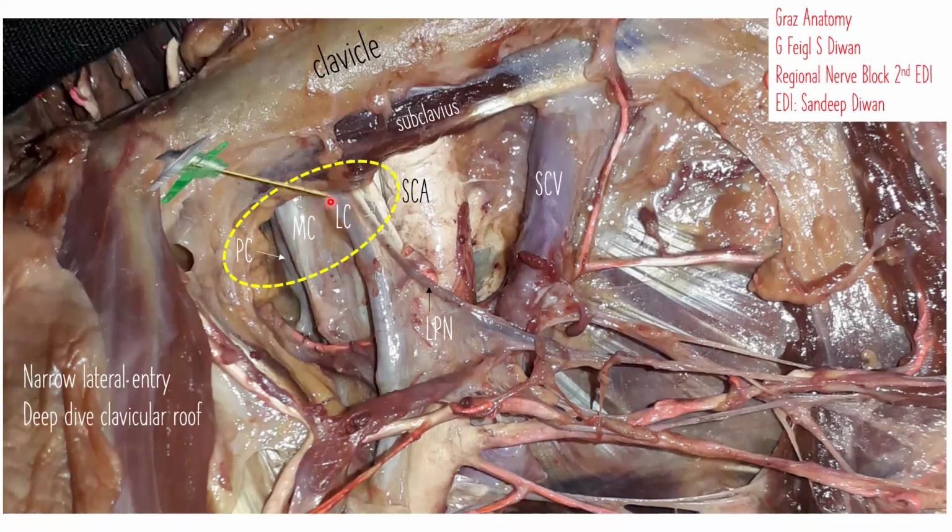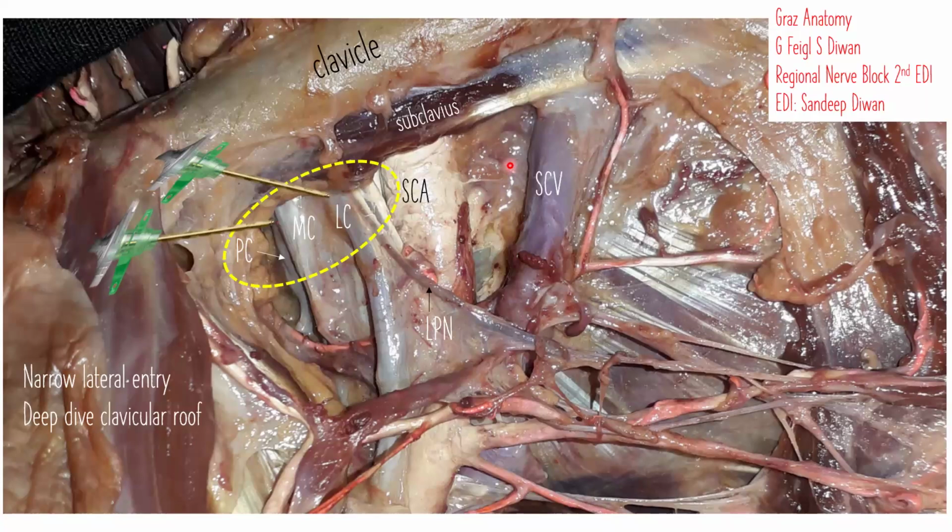So with this, the needle visibility might be compromised. And moreover, when you try to angulate your needle towards the posterior cord or between the medial and the posterior cord, it could be even more challenging in some of the patients for costoclavicular block.